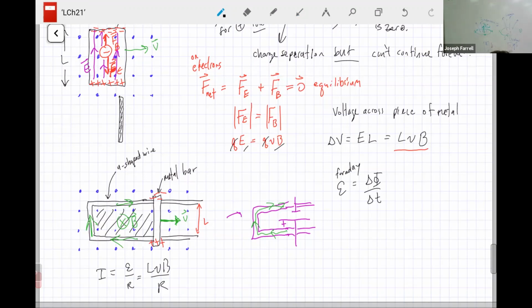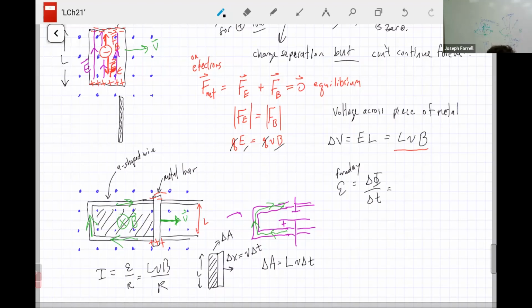And if this bar moves a distance delta x, how much area has changed? I'll call this area delta A. My change in area of the loop is the length of the rod, or at least the width of the loop there, times delta x, and delta x is your speed times delta t.